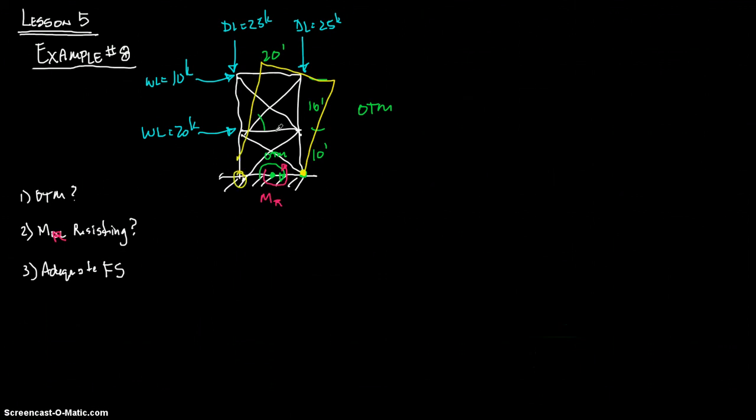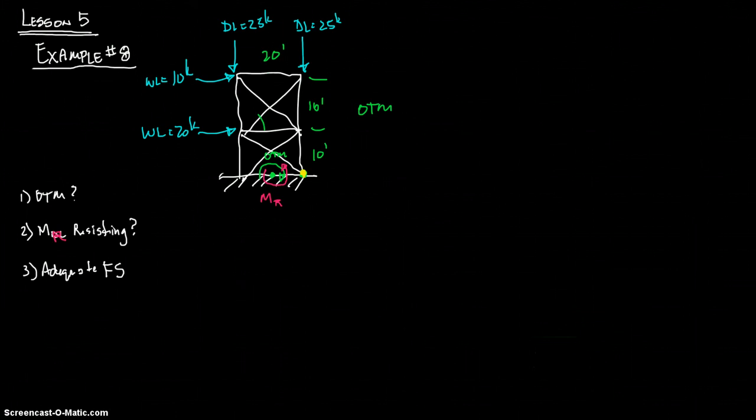I hope that makes sense. If I sum it about the other point, that's just going to add to that moment and make a larger reaction right here, but that's okay. So anything that's going to create uplift, that's where you want to sum it.